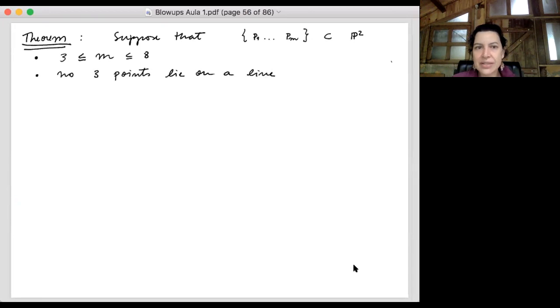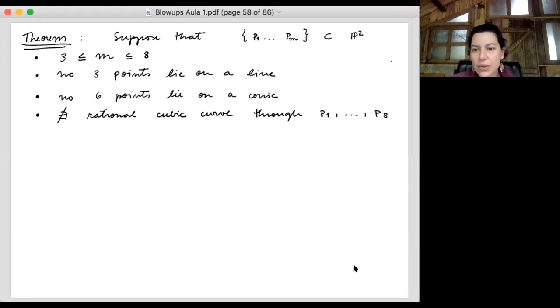To be very precise, what I mean by this is the following. First of all, I assume that no 3 points lie on a line, no 6 points lie on a conic, and I also assume that there are no rational cubic curves through 8 of the points.